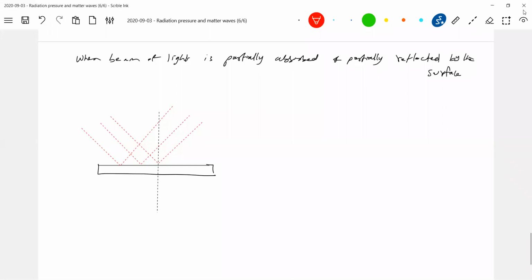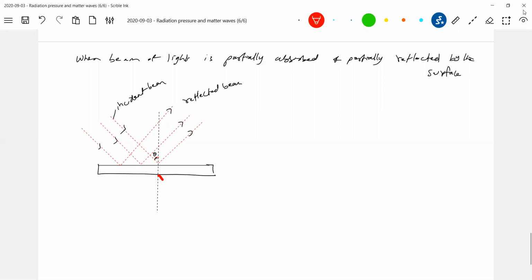Let this be the incident angle theta. This is the incident beam, this is reflected. How do we have to do this? Due to absorption, there will be a force. That I'll show here. Due to absorption, the force should be like this.